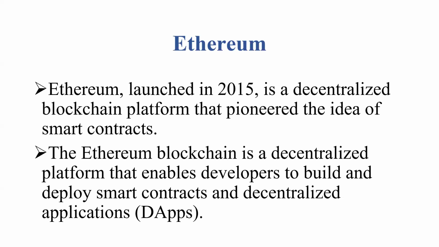Let's now turn our attention to the second most popular and prominent cryptocurrency, and that's Ethereum. Ethereum was launched in 2015, and it runs on a decentralized blockchain platform, and it pioneered the idea of smart contracts. The Ethereum blockchain is a decentralized platform that enables developers to build and deploy smart contracts and decentralized applications.